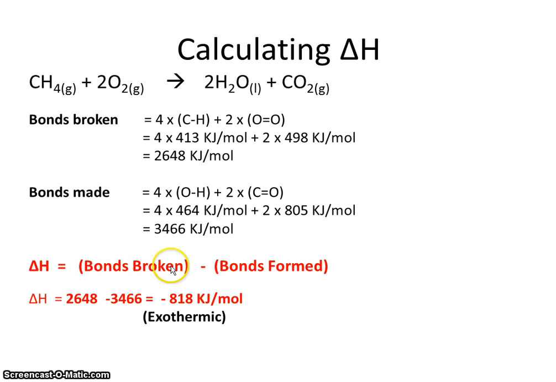Then if you didn't remember which way this went, you can reason your way through it, just as long as you know that it takes energy for breaking bonds and energy is released when bonds form. And then you just look at it and say, well, I'm getting more energy out than what I put in, so I know that's exothermic, so I know the value is going to be negative. So again, you don't have to rely on that particular equation.